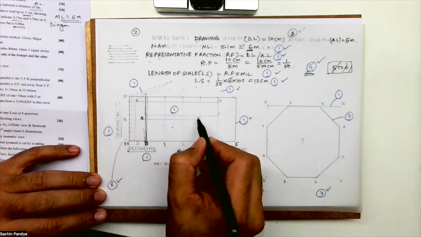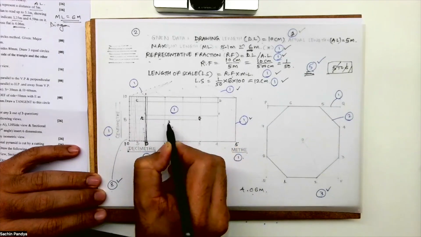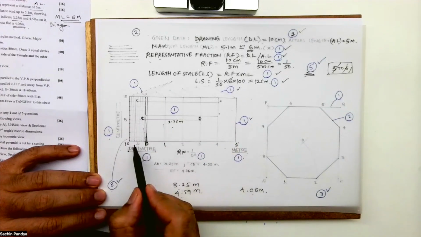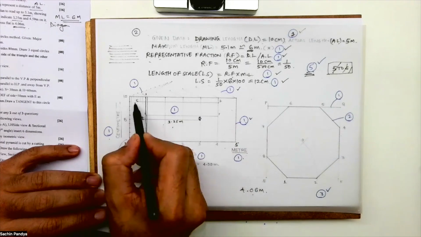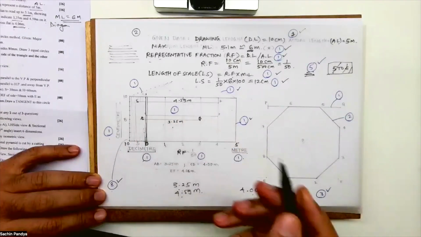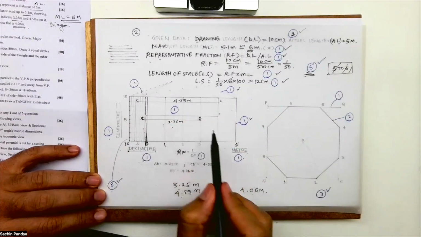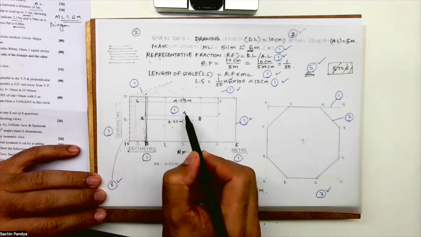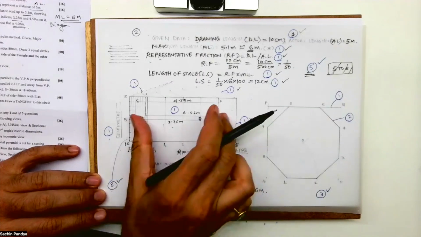So this way I will show that AB is 3.25. Then if I want to show 4.59, so 4, 5, and on this line 9. So the CD is 4.59 meter. 4.06: you take 4, 0, and you will go up by 6. So this is 4.06 meter.